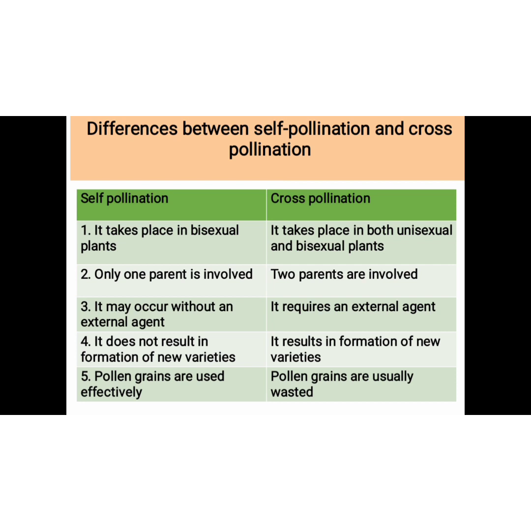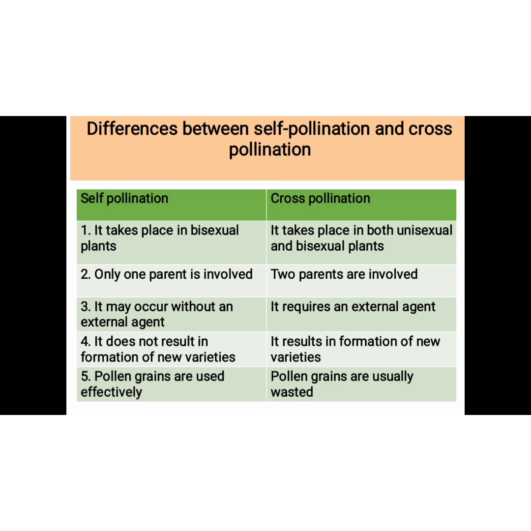Number 2, in self-pollination, only one plant is involved, while in cross-pollination, 2 parents are involved. Number 3, self-pollination may occur without an external agent, while cross-pollination usually requires an external agent.